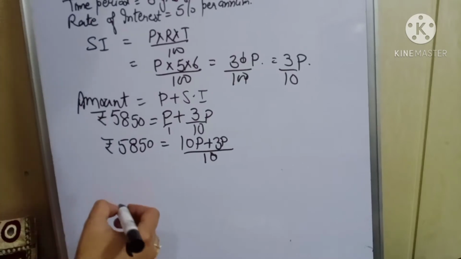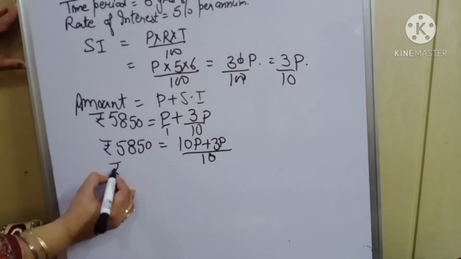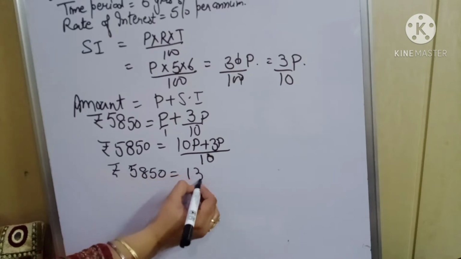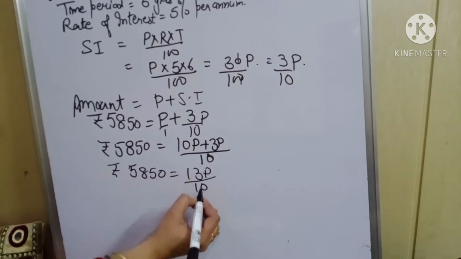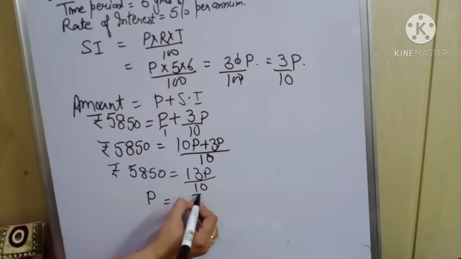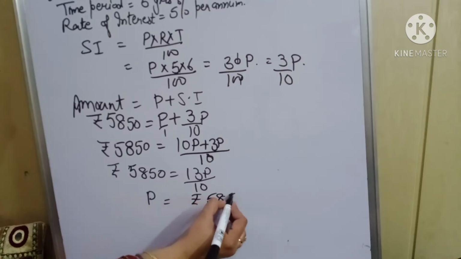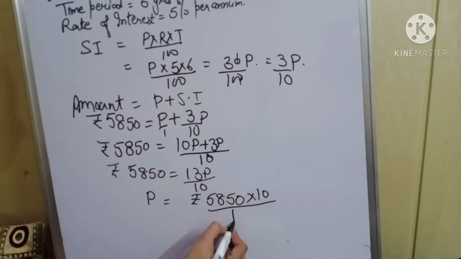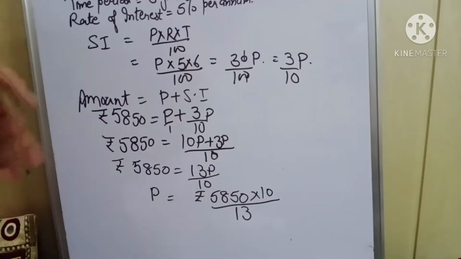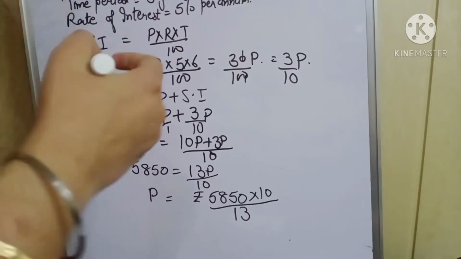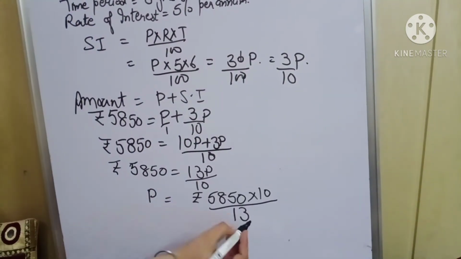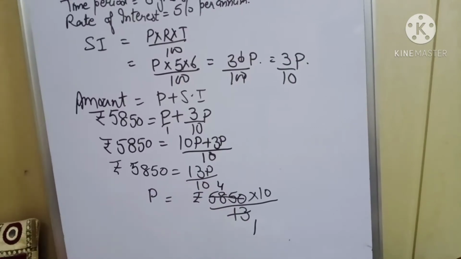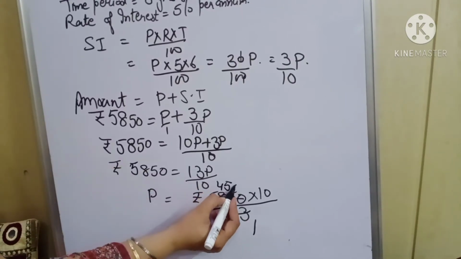Now what we are having? Rupees 5,850 equal to 13P by 10. So from here we can calculate P. P is equal to 5,850 multiplied by 10 upon 13. Now we calculate. We divide with 13. 13 ones are 13. 13 fours are 52. 6 remainder. 13 fives are 65. 0.